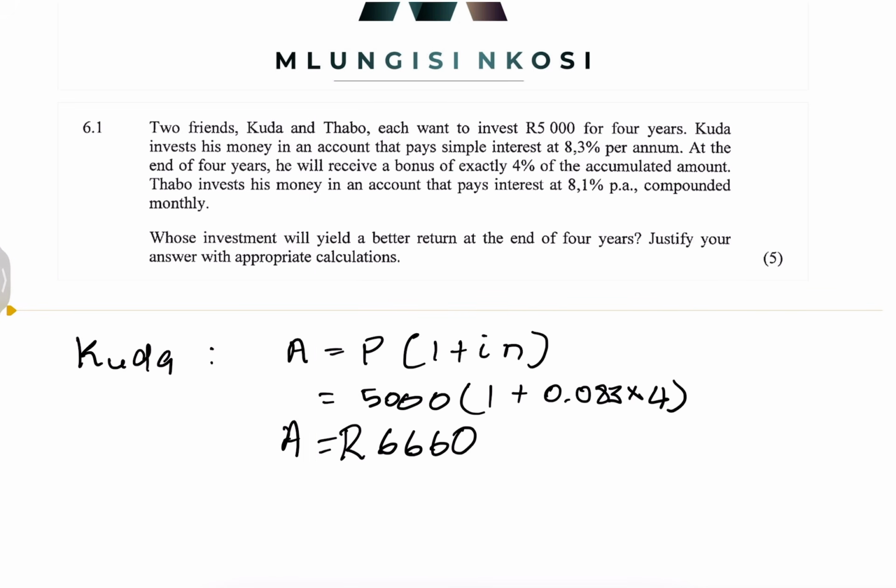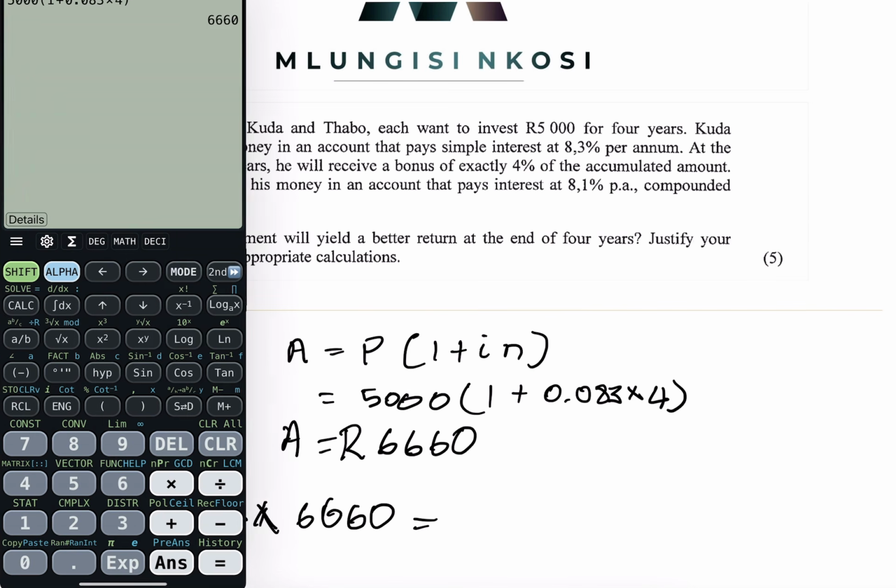But remember, what we still need to do is take that amount and add the 4% to it, okay? So I'm going to say, well, what is 4% of 6,660? So you say 4 over 100, that's 4%, multiplied by 6,660.